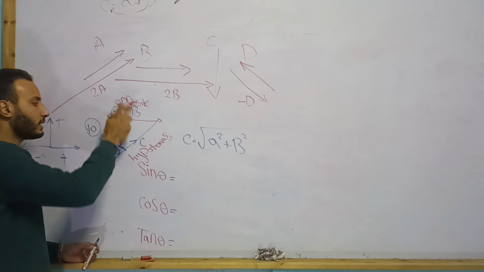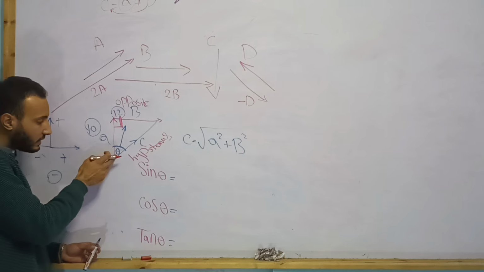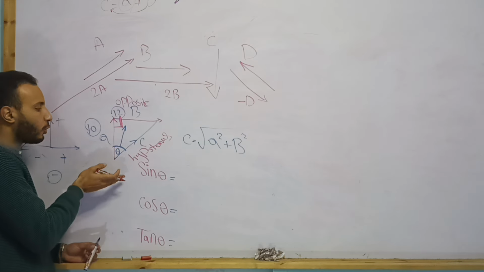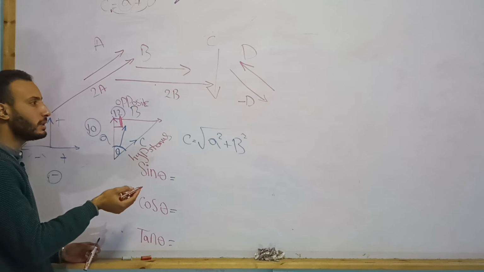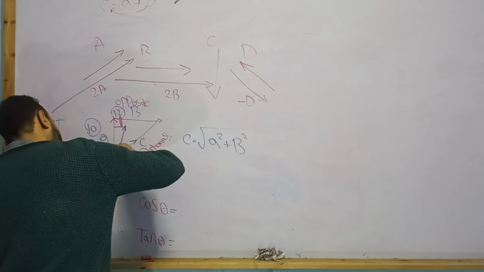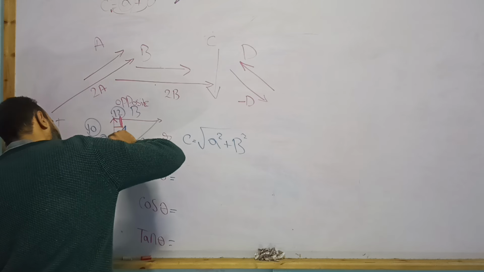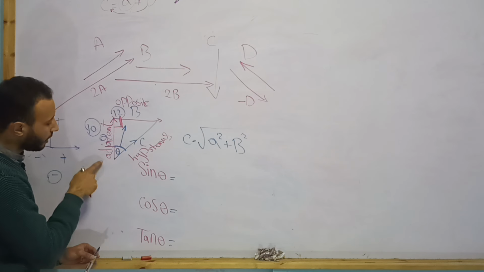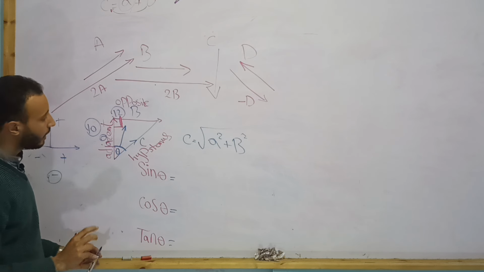So we have opposite and hypotenuse. And the side adjacent to the theta, or near to the theta, is called adjacent. So this one is called adjacent. So here we have opposite, adjacent, hypotenuse.